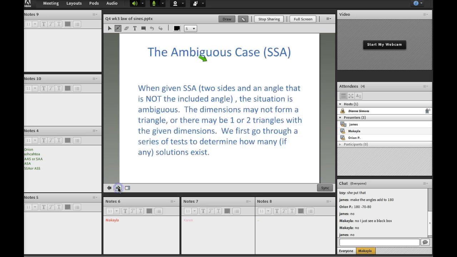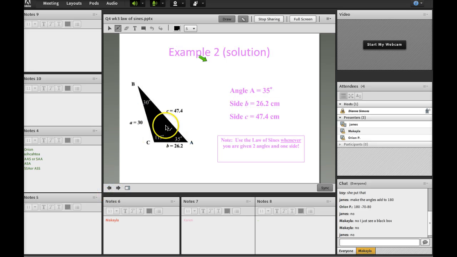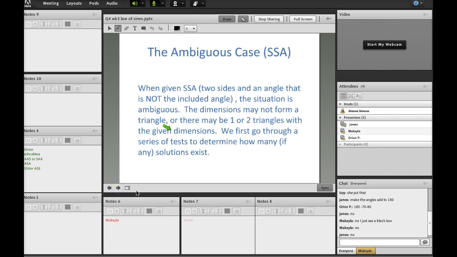Those are my sides. Now, the ambiguous case is when you're given a side and an angle that's not included. You have two sides with the angle that's not included. So if I would have, if you look back at this triangle, these two sides and then this angle, okay? So let me go forward.